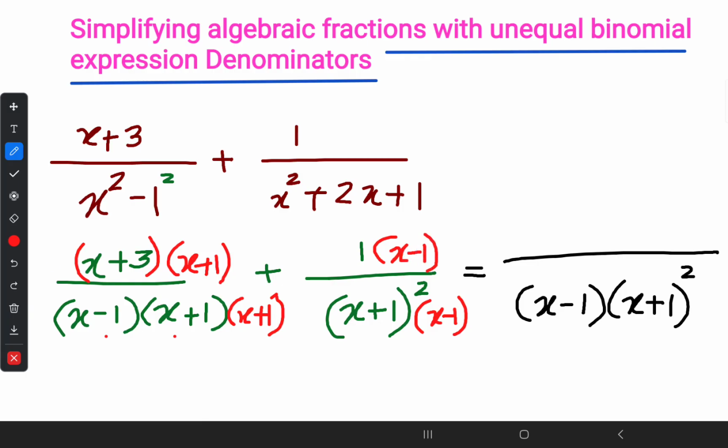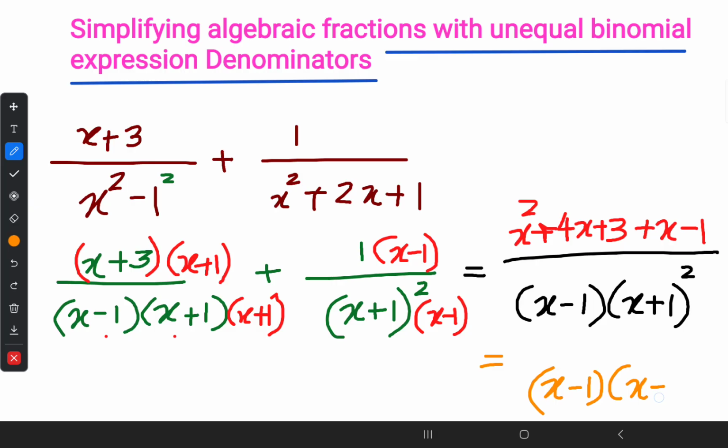Thereafter, let's multiply the expansion for this one. It will become x² + 4x + 3. And in the second fraction, we will have 1 times x − 1, okay, x − 1. Finally, the denominator remains the same, (x − 1) into (x + 1) whole square.